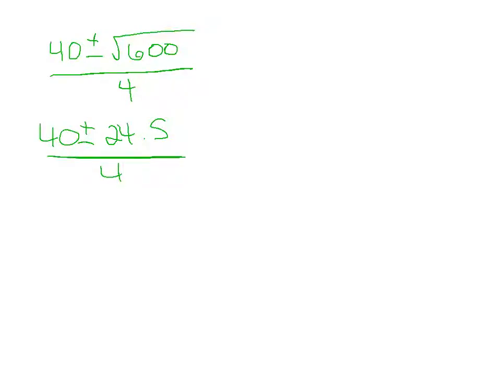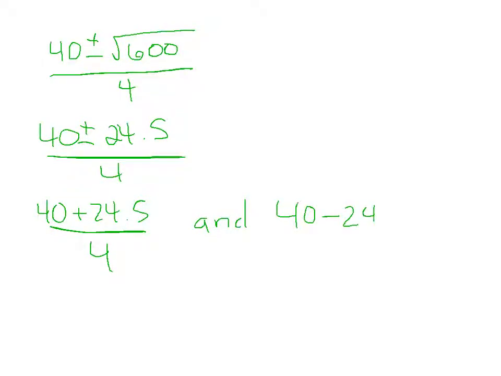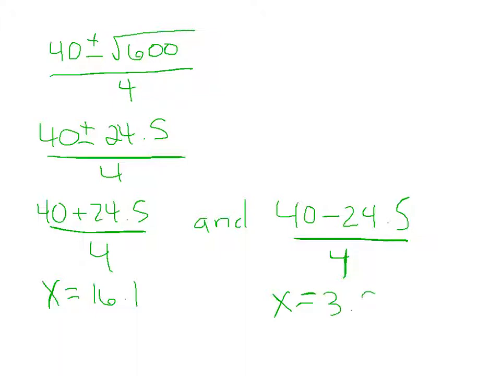So this gives me the two values of 40 plus 24.5 over 4 and 40 minus 24.5 all over 4. Using my calculator and finding both of these values, I get that x is equal to about 16.1 after rounding to the nearest tenth, and x is equal to about 3.9.